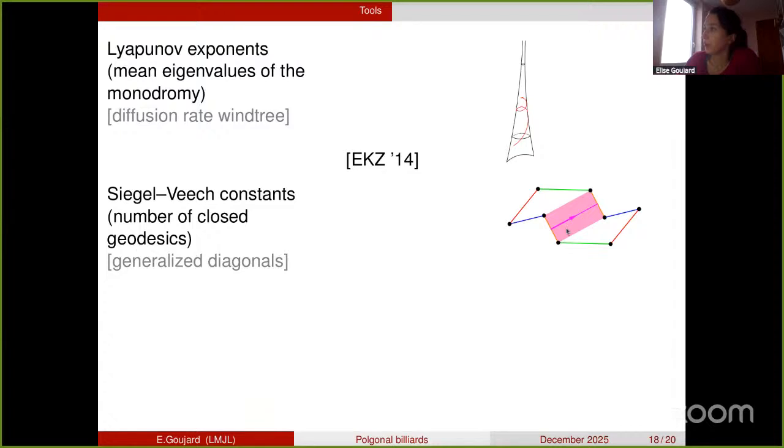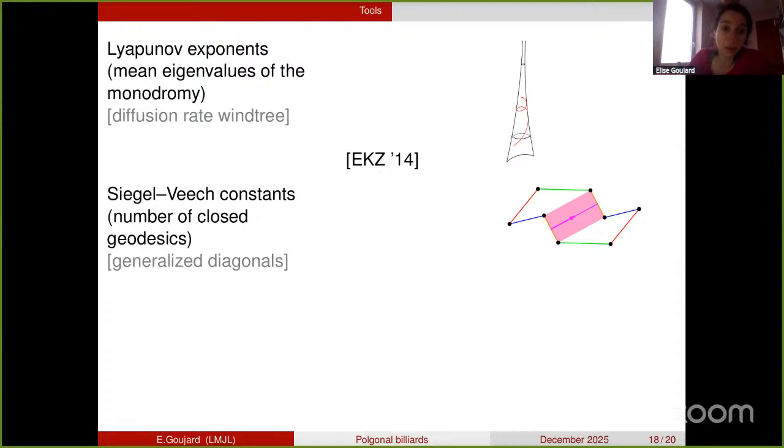So actually you can show that the number of closed geodesics, or geodesics starting from one singularity and ending up at another singularity, of length bounded by L goes as L squared with some constant in front, and the constant is called the Siegel-Veech constant.